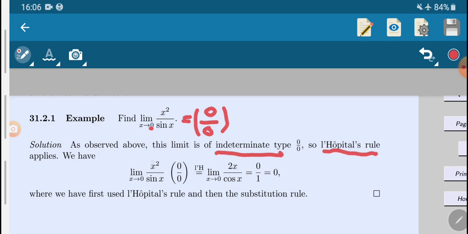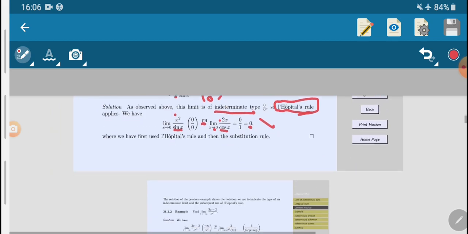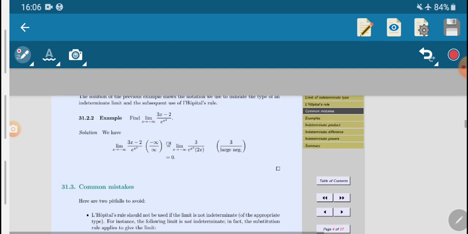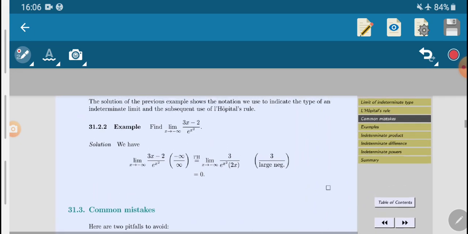The derivative of the numerator is 2x, the derivative of the denominator is cosine x, and replace x by 0. 2 times 0 is 0, cosine 0 is 1. So this limit becomes 0 instead of indeterminate. We have finished our work. Thanks to the L'Hopital rule, it was very easy to determine the limit after differentiating the numerator and denominator.